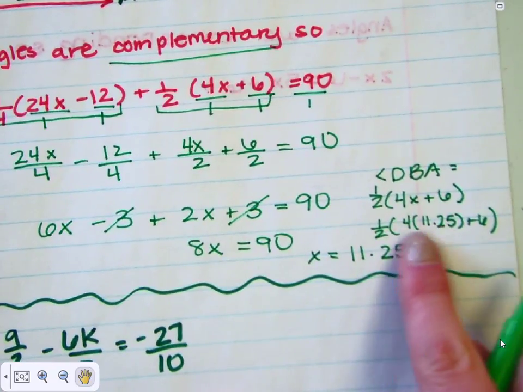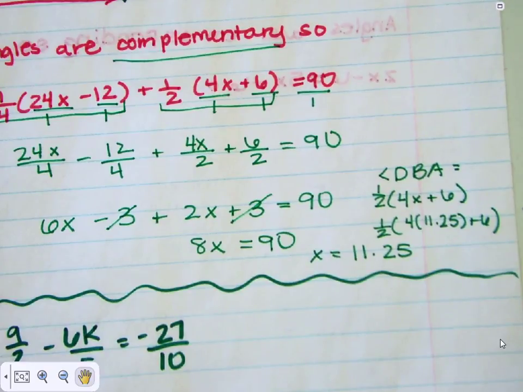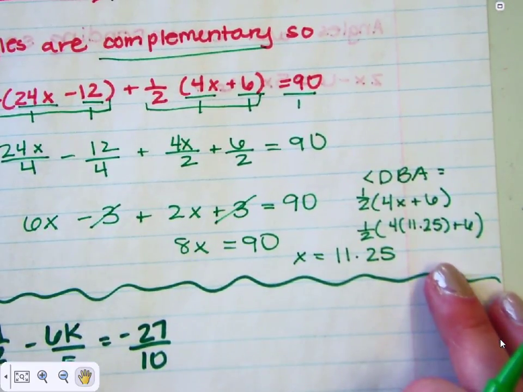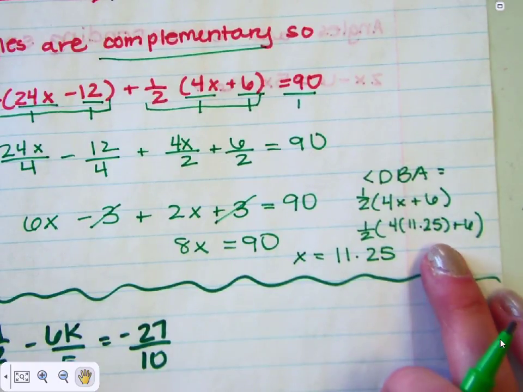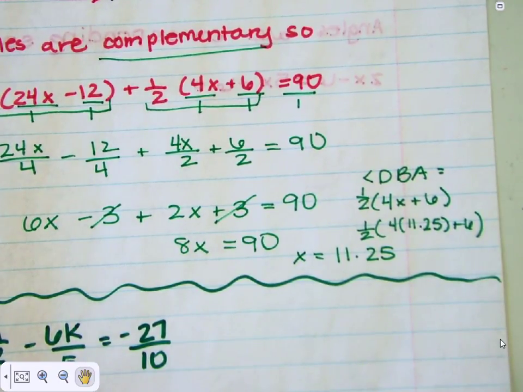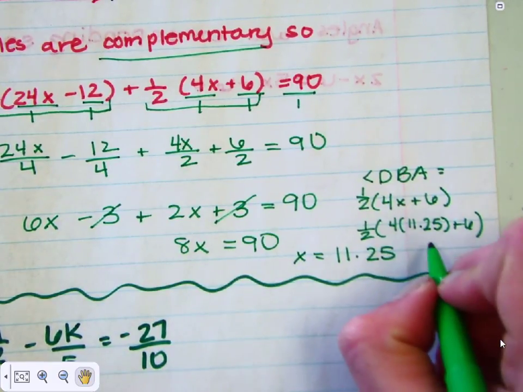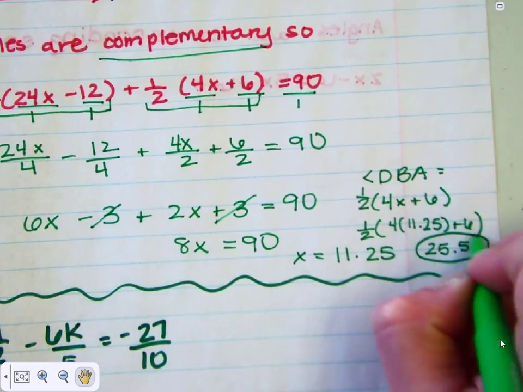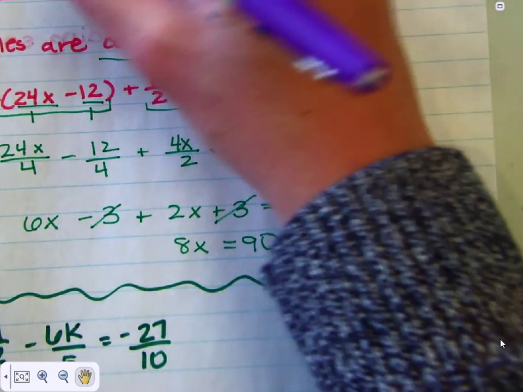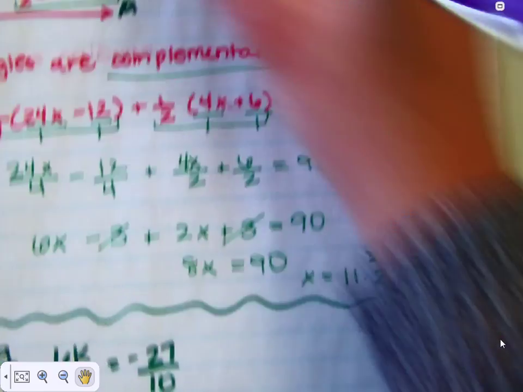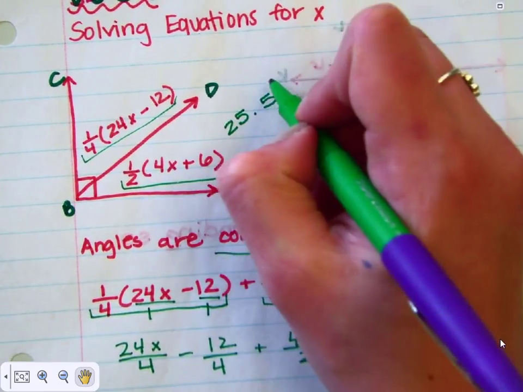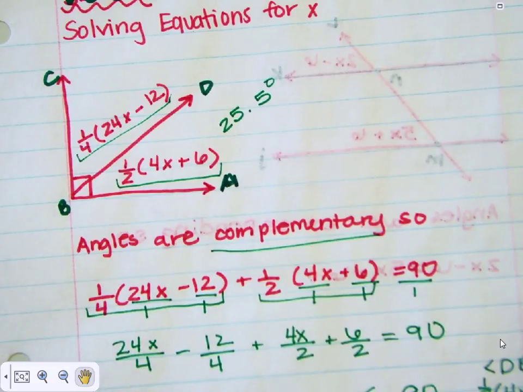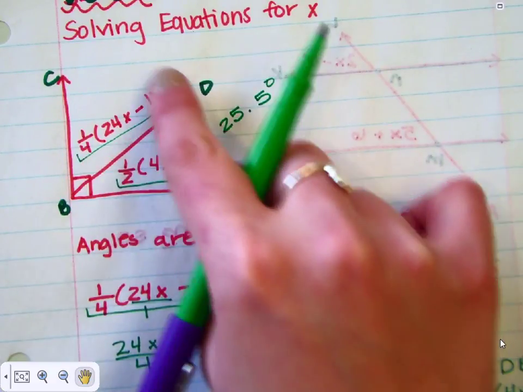So I have to do what's in my parentheses first. So 4 times 11.25, which gets me 45. And I can add 6 and divide by 2, which gets me 25.5. So angle DBA is actually 25.5 degrees. And so I just kind of labeled it there. And so if this is 25.5 and the whole angle is 90, I don't even need to plug it into this equation.